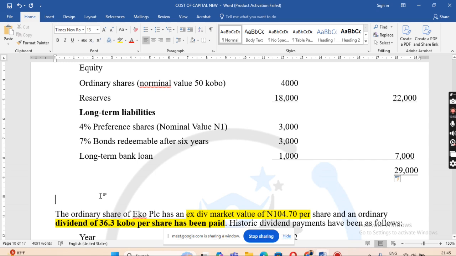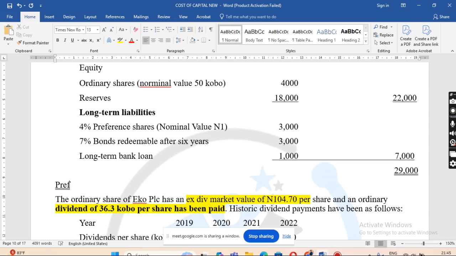Now, let's quickly calculate the numbers of shares for preference shares. If you want to determine the numbers of shares for preference shares, don't forget that this 3,000 is the nominal value.